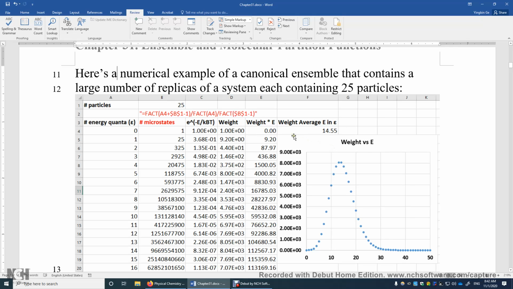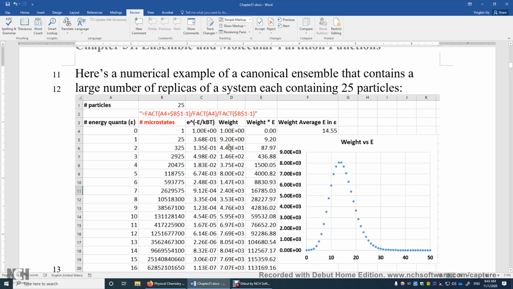Now we can also calculate the weighted average of energy of those replicas in epsilon. It's 14.55. So what I did is I multiply the energy here by its weight. So these two numbers, I got this number. And then 1 times this number, I get 9.2.